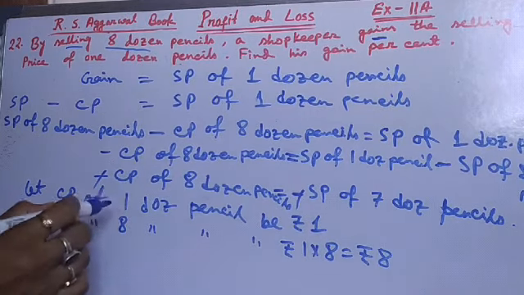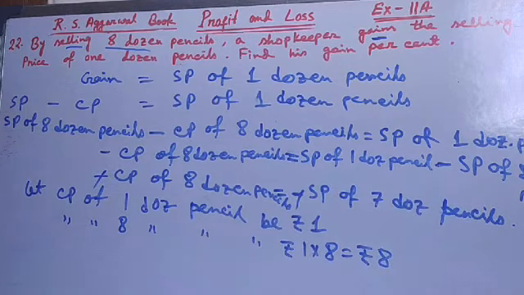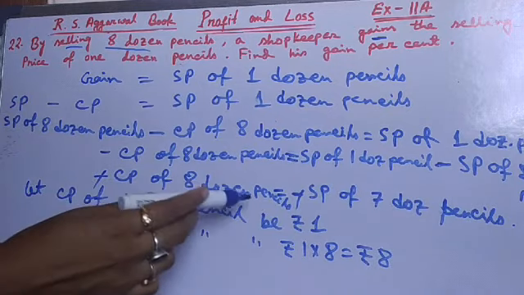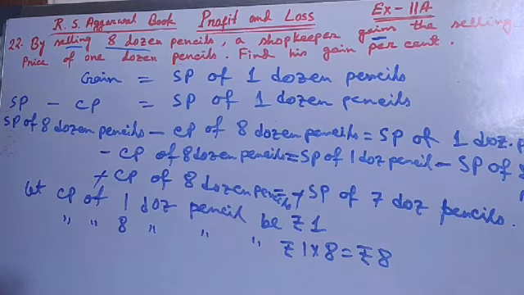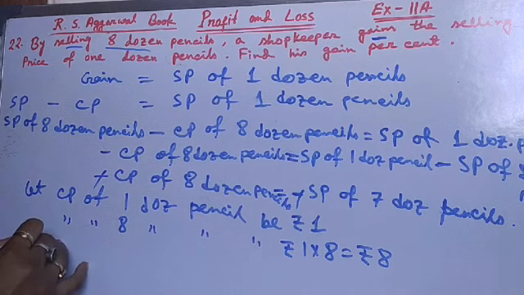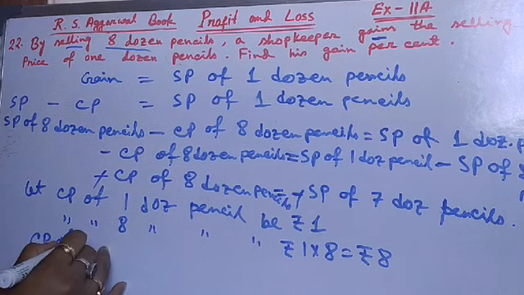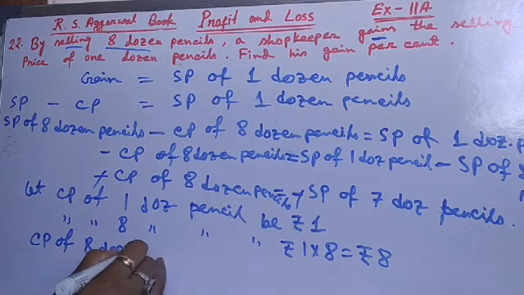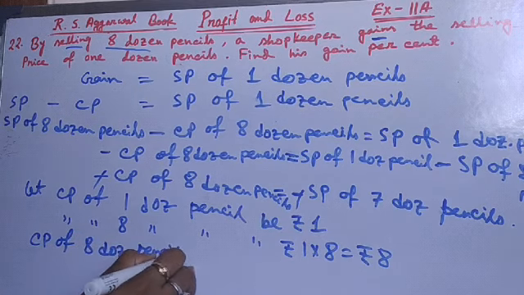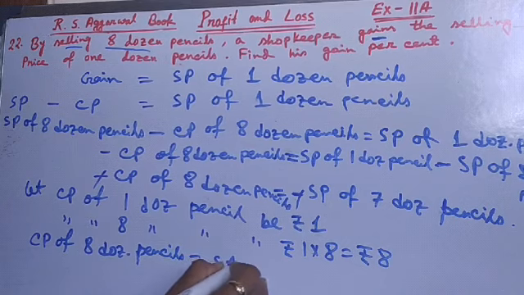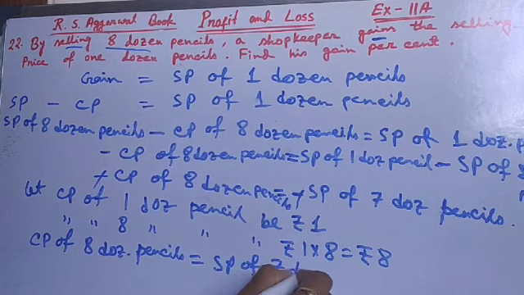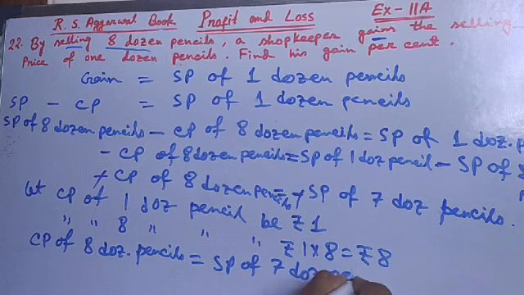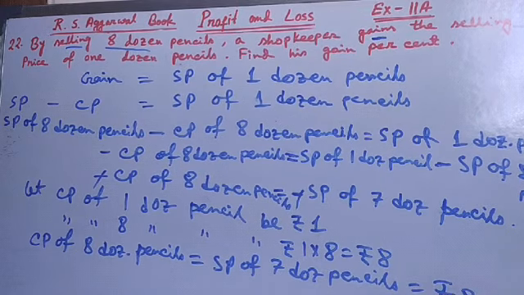So this rupees 8 will be the SP of 7 dozen pencils, because CP of 8 dozen pencils equals SP of 7 dozen pencils. So I am writing once again: CP of 8 dozen pencils equals SP of 7 dozen pencils equals rupees 8.